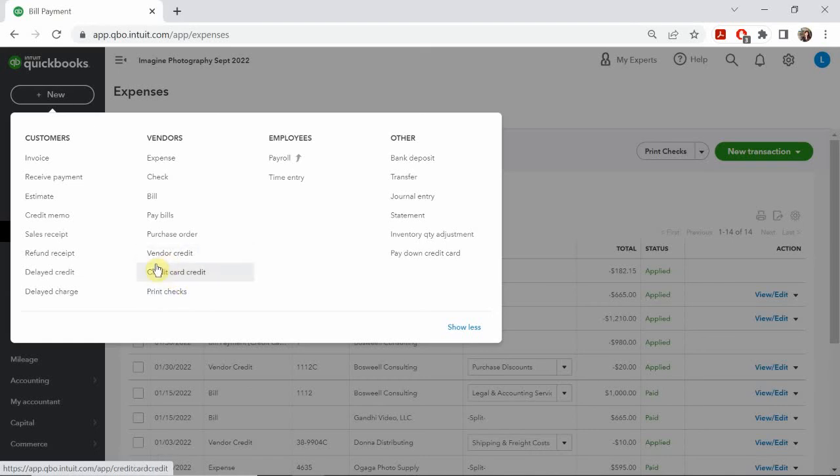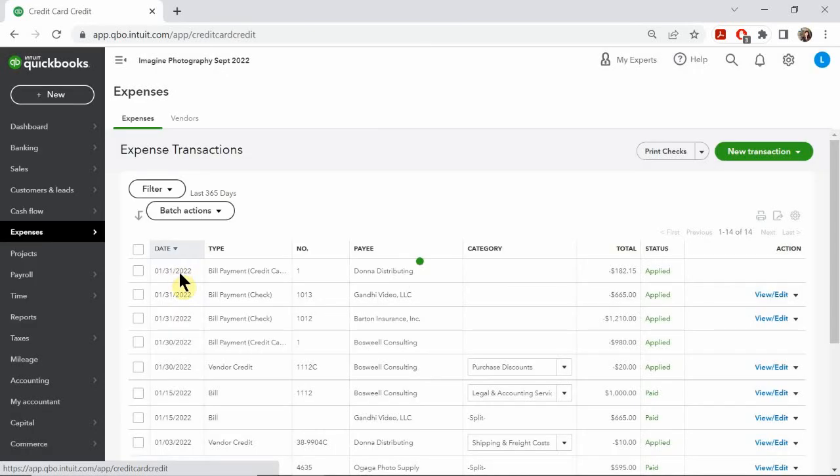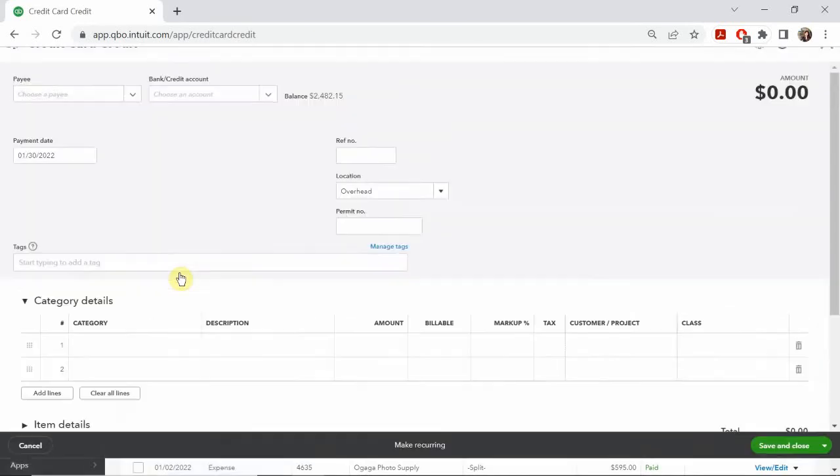If you're going to end up receiving cash, you just do your vendor credit, and you're going to get the refund that way. Whether it's cash or whatever payment you used, but in this case, this is a credit card credit.